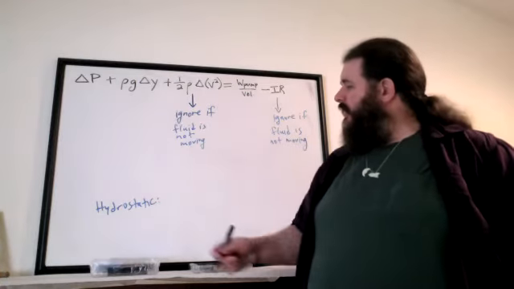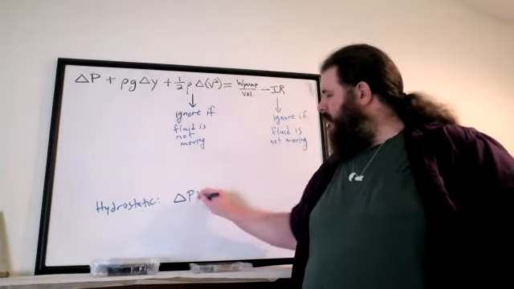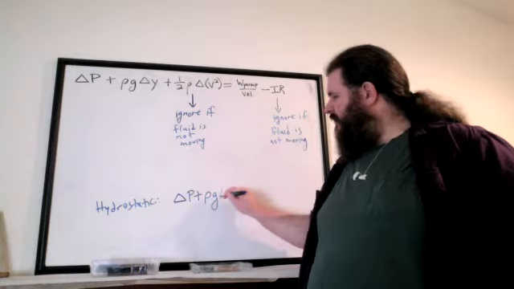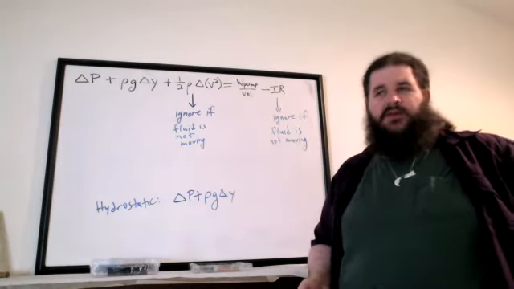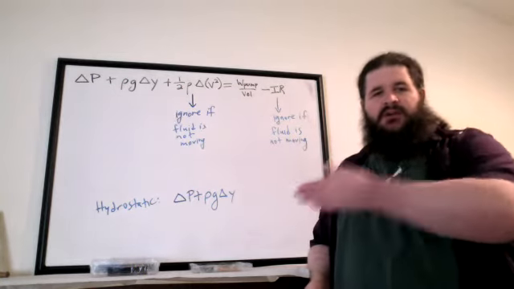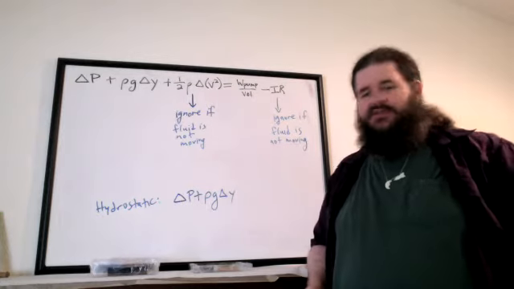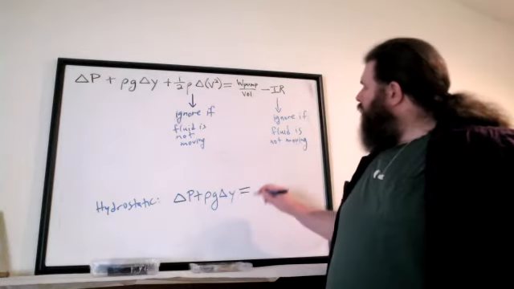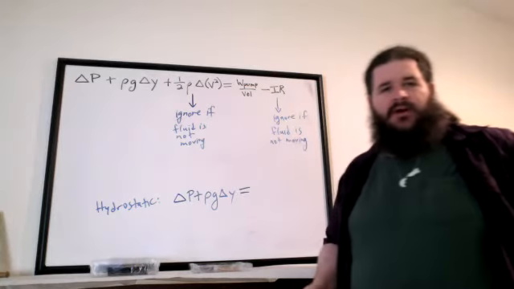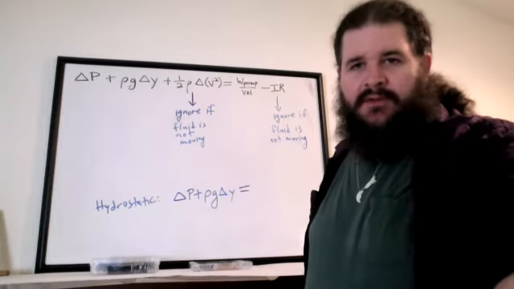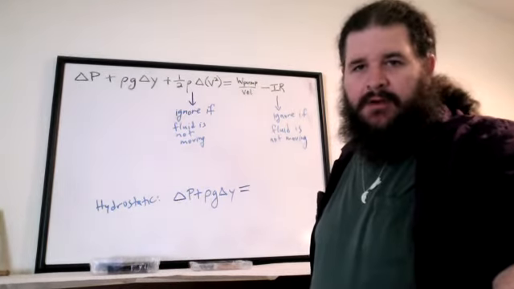And so you end up with delta P plus rho G delta Y. No speed term, because if the fluid's not moving, speed here is 0, speed there is 0, there's no change. There's no IR because there's no current. Current represents flow of fluid. If the fluid's not flowing, then I is 0.